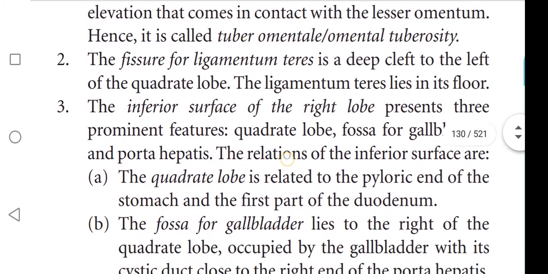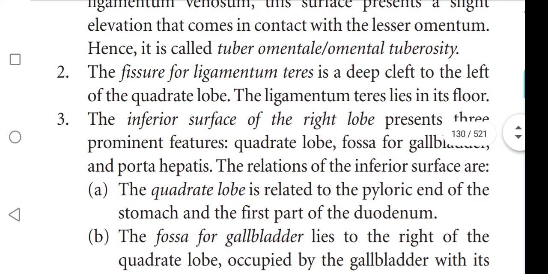Next, the fissure for ligamentum teres is a deep cleft to the left of the quadrate lobe. The ligamentum teres lies in its floor.